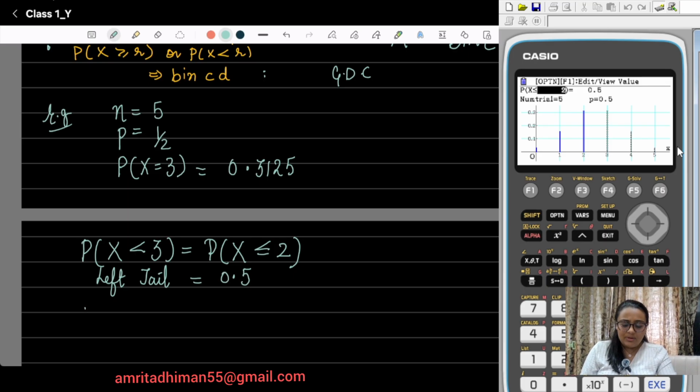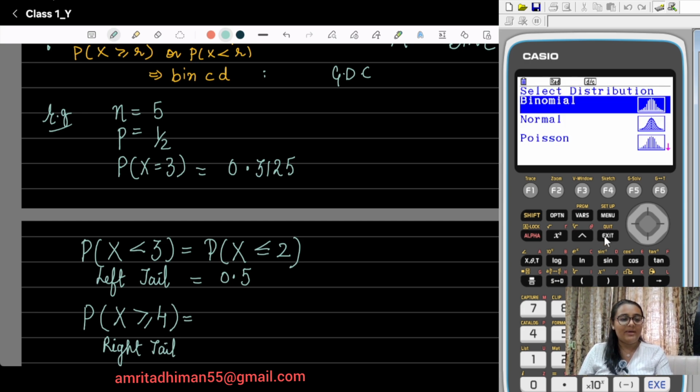So the probability x is less than or equal to 2 is 0.5. Now can you find the probability x is greater than or equal to 4? This is nothing but the right tail. How do we solve it?